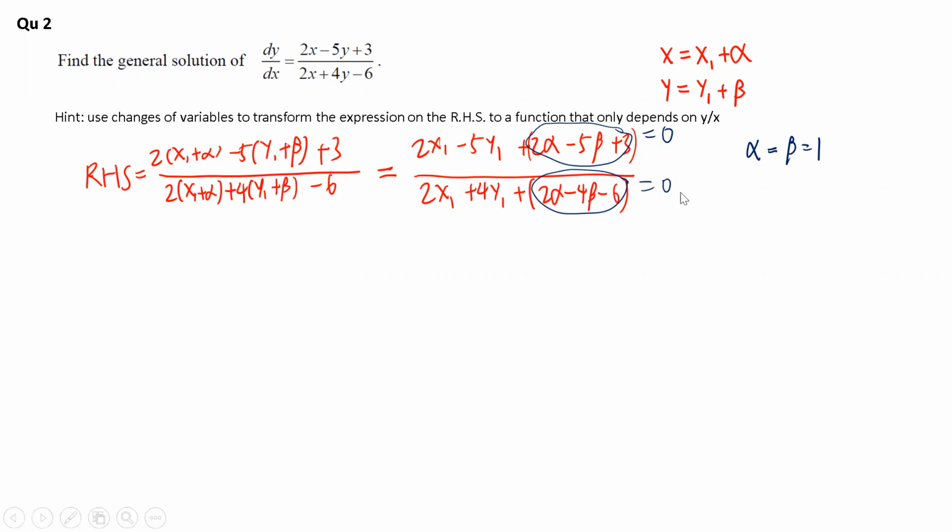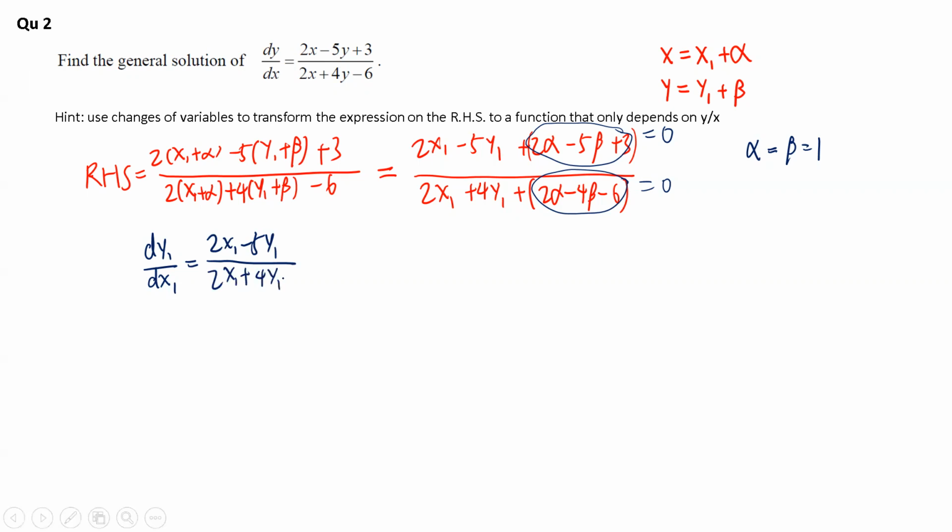With that, the ODE becomes dy1/dx1 equals (2x1 minus 5y1) over (x1 plus 4y1).